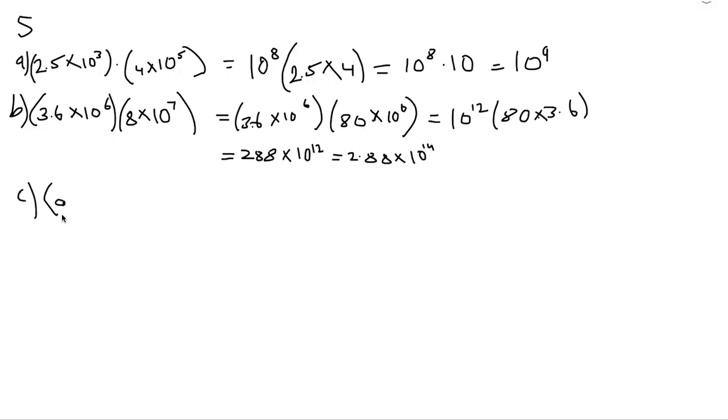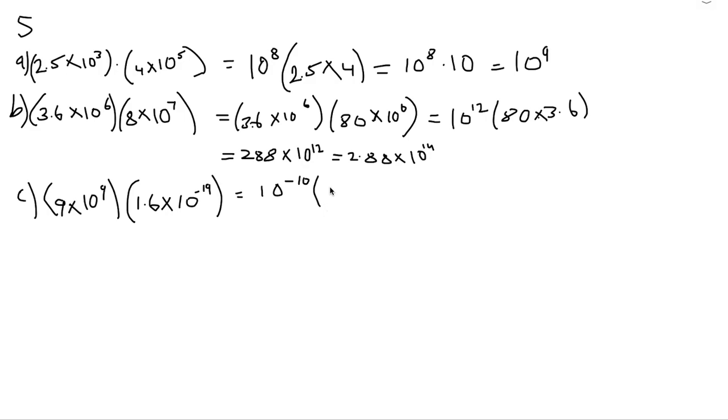This one, 9 times 10 to the power 9 times 1.6 multiplied by 10 to the power negative 19. This problem, 10 to the power 9 multiplied by 10 to the power negative 19 will give us 10 to the power negative 10.